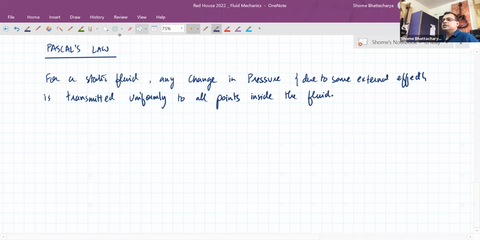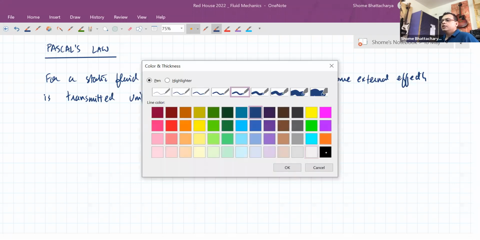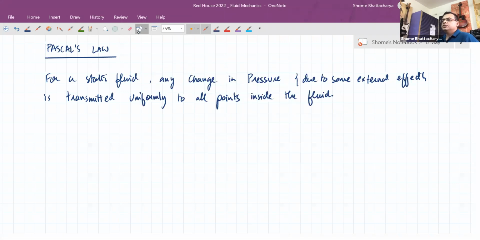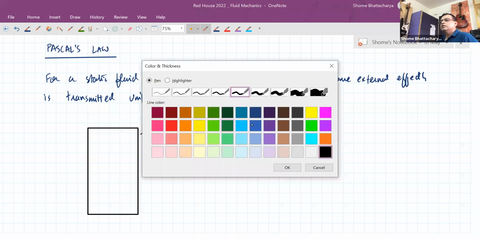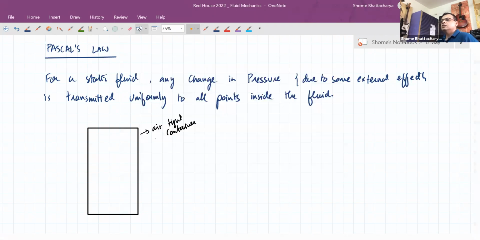So at the outset, it looks like something very obvious and simple, but let us understand the full implication of this. So for example, let's say we have a sealed jar. Okay. So this is an airtight container. Now let's say we had originally filled liquid up to some level like this inside.